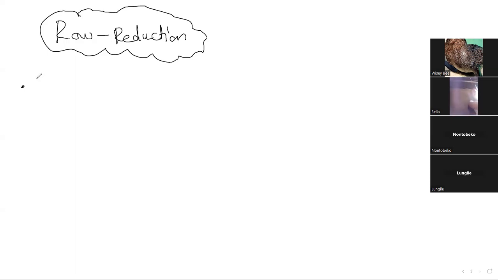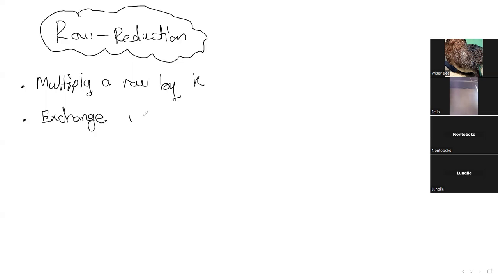We have the one where you multiply a row by a constant. Let's call it K. And then exchange rows. Then the last one, you add 2 rows. I'm just making a shortcut.